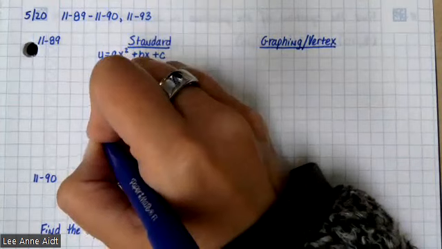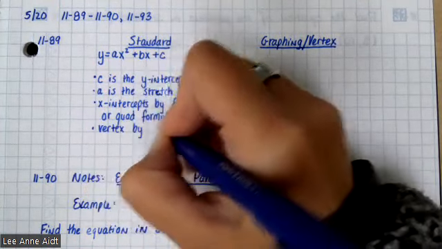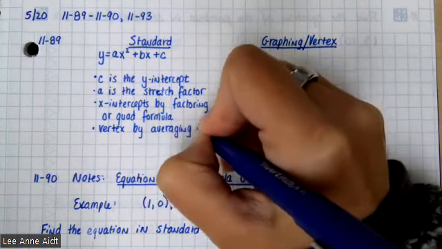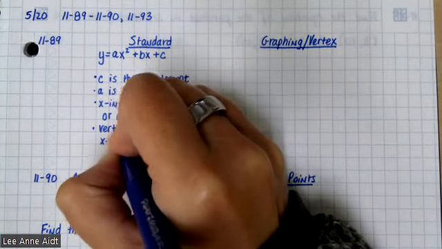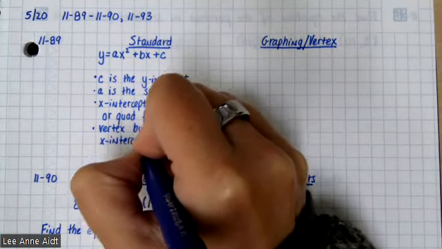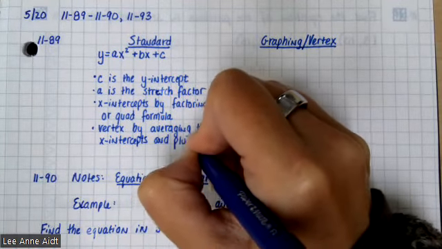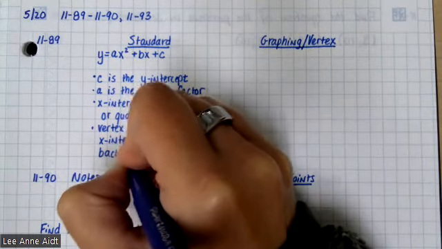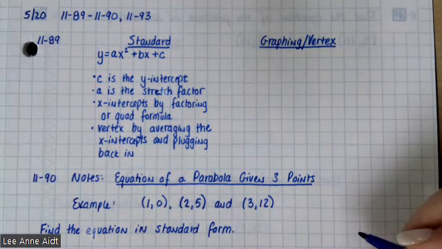And you can get the vertex by averaging the x-intercepts and plugging that number back in.